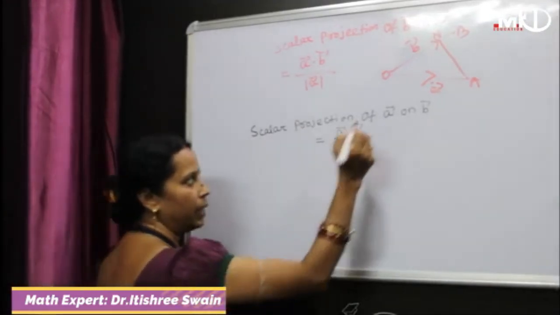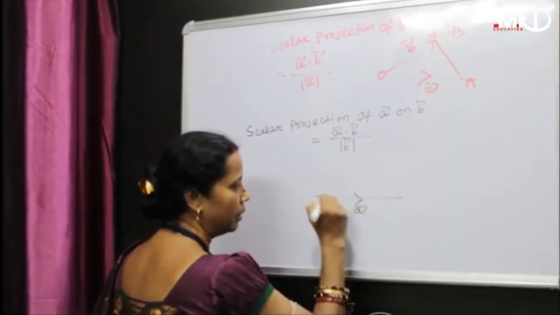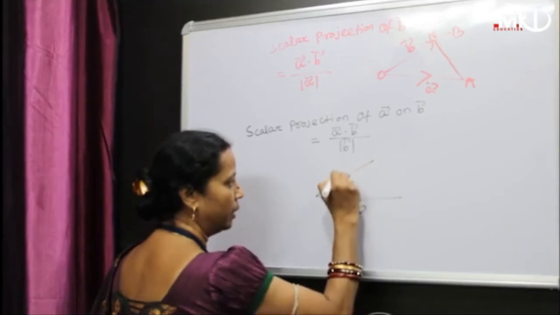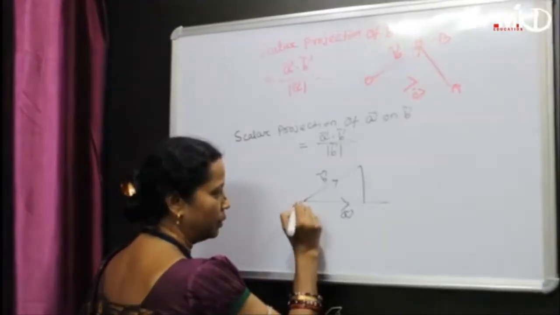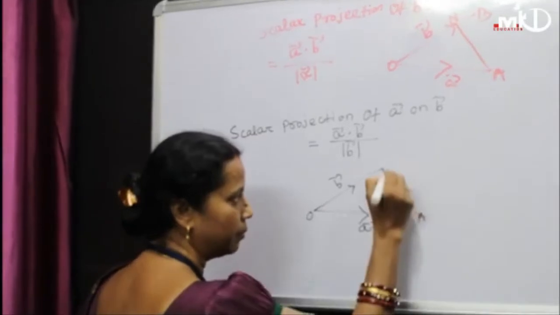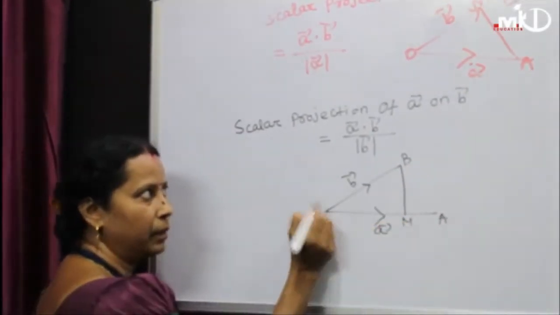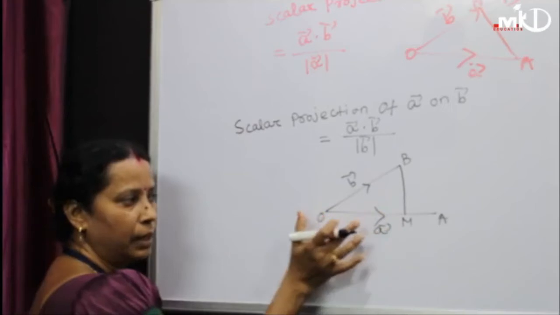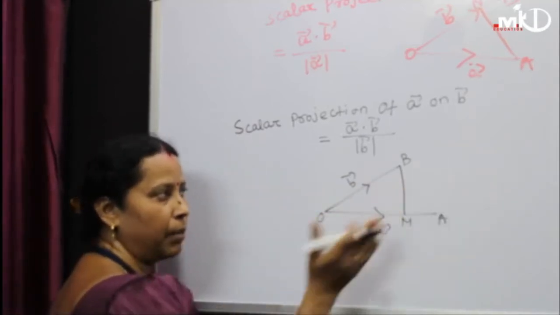Now suppose this is A bar and this is B bar, and this is M. If I find the vector projection, you see the direction of OM is along the direction of A bar.